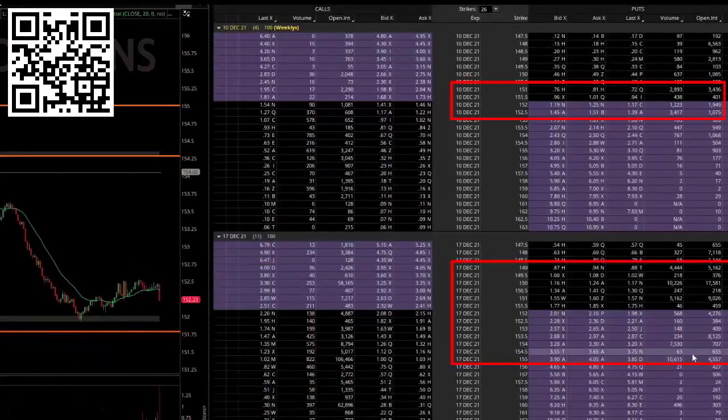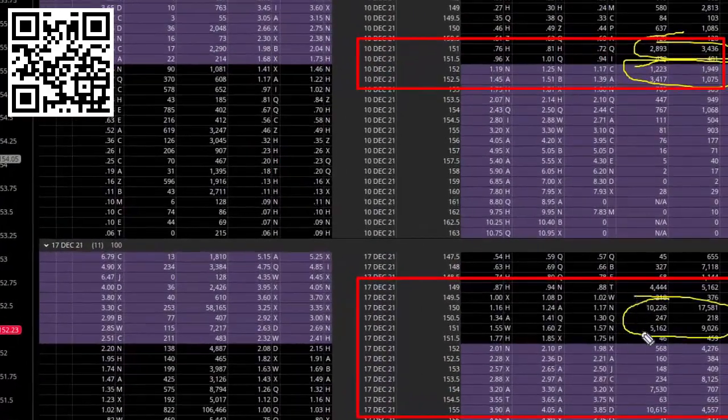We saw the puts early in the morning, and we continued to see them. If you see how we closed at the end of the day, for this week we have very big put volume at 152 and 152.5. We have puts at 151, and for two weeks from here we also have puts at 151 and 150. What does this mean?